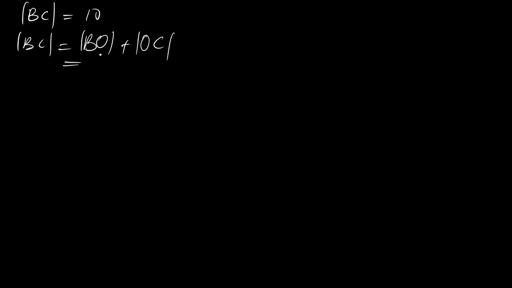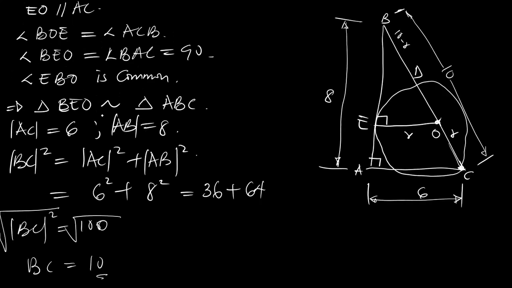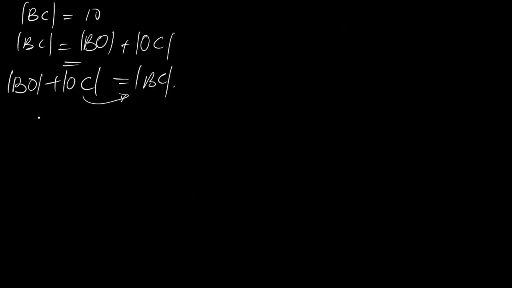Let's show you, since BC is equal to 10 and BC is equal to BO plus OC, you can also write it this way: OB plus OC is equal to BC. Now let's move this to the other side. We know that OC is the radius.